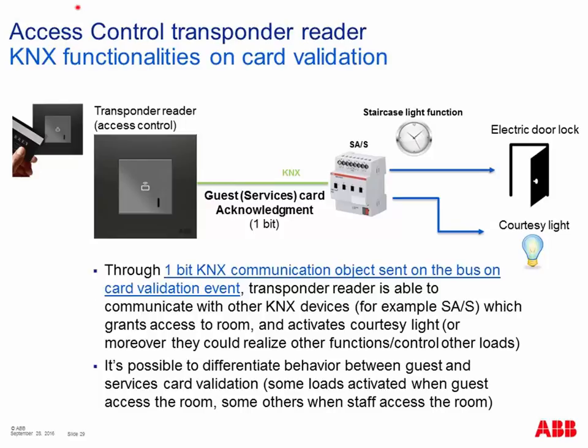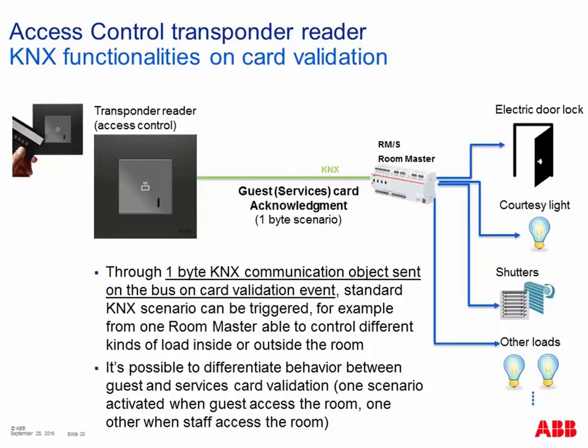Okay. The next additional functionality is the 1 byte object. So also in this case, the same functionality as before. I put the card near the transponder reader, the card is valid. I can send a 1-bit object, but I can send also a 1 byte object. So 1 byte object for guest card, 1 byte object for service card. Why?